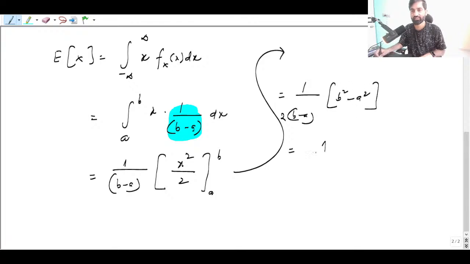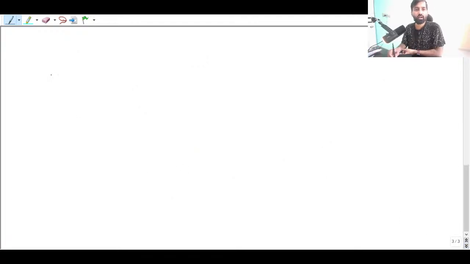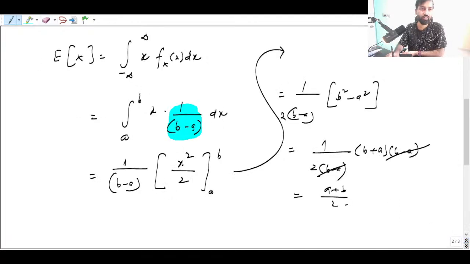This is nothing but 2 times b minus a, and you can open b square minus a square as b plus a times b minus a. So b minus a cancels, and it is a plus b by 2. For the uniform distribution, I think you have to remember this result. This is the expectation.